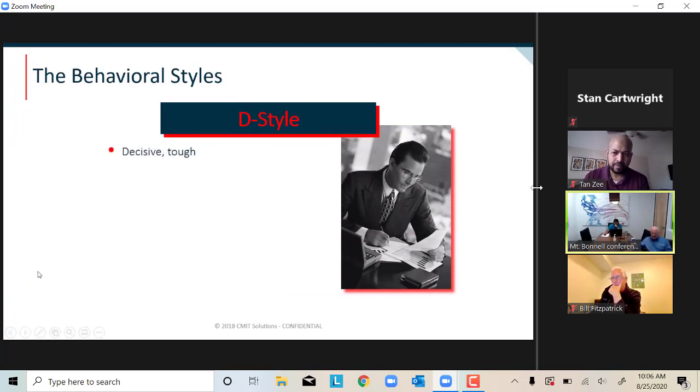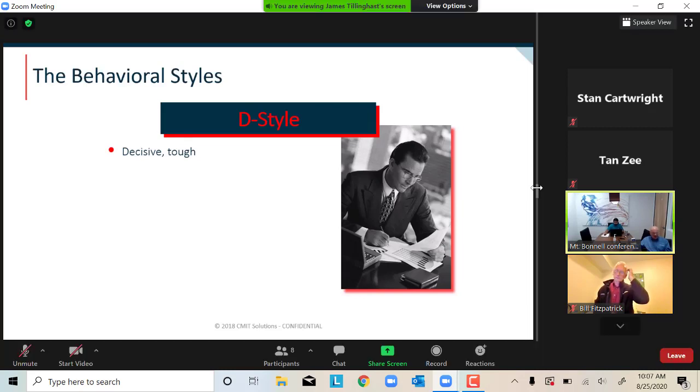So what we saw here in the D, what little Miss D was talking about, was typically the D style is you look at them, they're very extroverted, so they're expressive, but they're very fact to the point because they're on the upper side of that y-axis as well. So they tend to be, I know what I'm talking about. I don't need a lot of words. Just get it done. I'm a decisive decision maker. Let's do it, and let's do it now. That's the kind of style that you'll see in the D style.